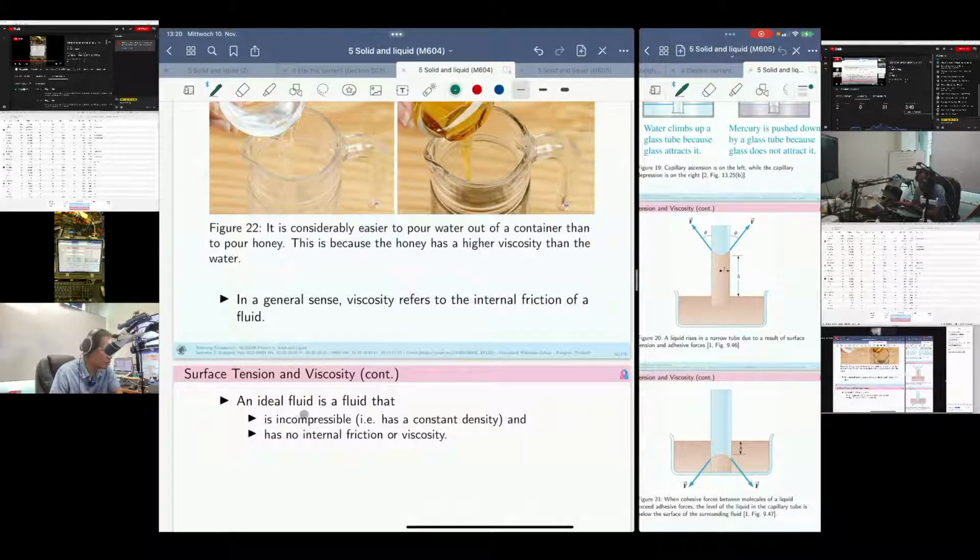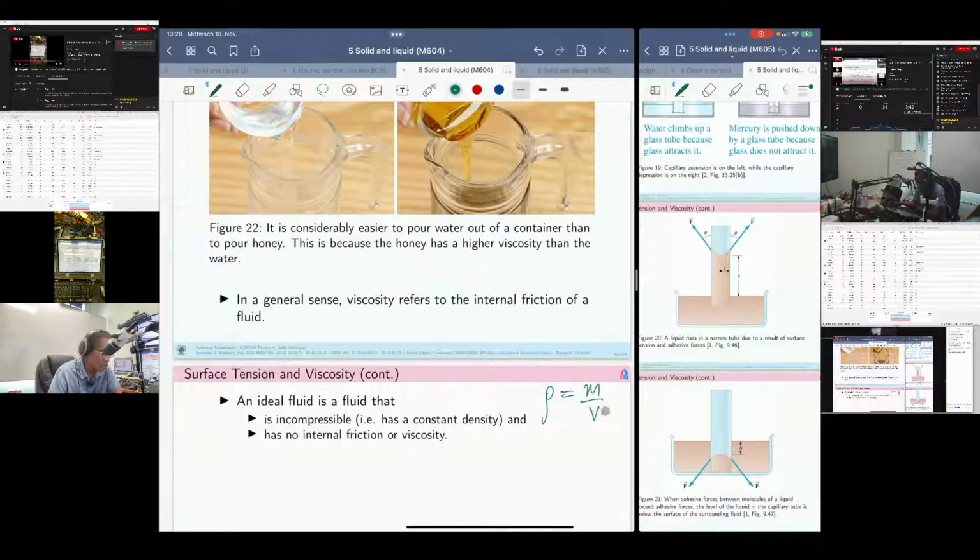The volume of that fluid doesn't change, so it has a constant density, because the mass is the same when the volume is the same. Rho is m by v, right? When they say incompressible, it means v is fixed. The volume doesn't change with any pressure.